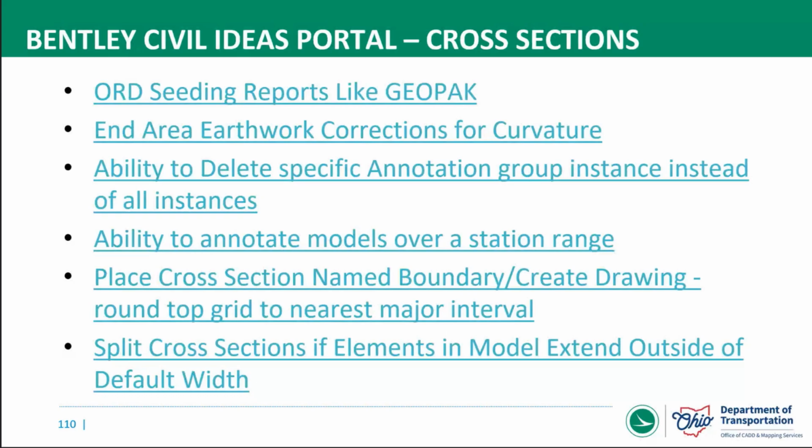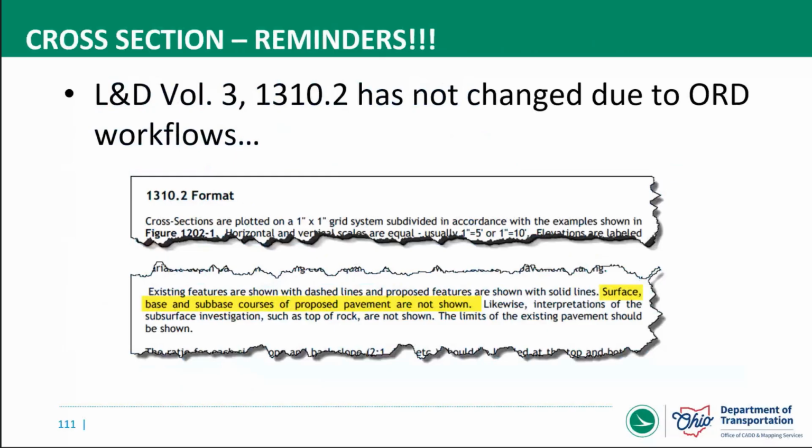The highlighted sentence there: surface, base, and sub-base courses of proposed pavement are not shown. It's never changed. Your section should look like the top there with the smiley face, not like the bottom with the frowny face.